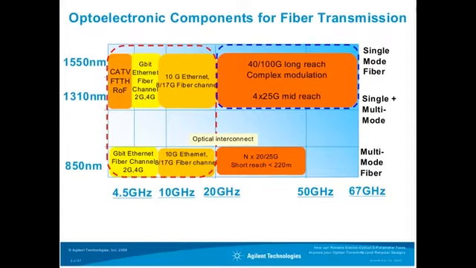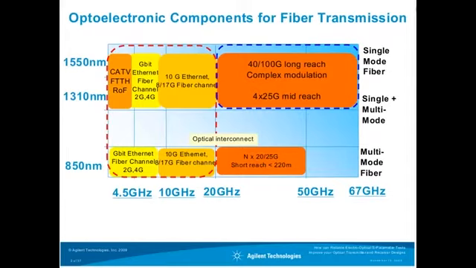The speed classes are basically determined by the application. So in cable TV, fiber to the home, or radio over fiber, or some people also call it radio frequency over glass, this field is mainly dedicated to the lower speed class below 4.5 gigahertz.